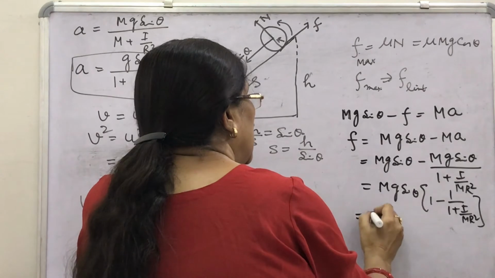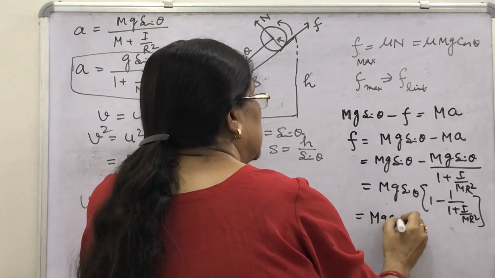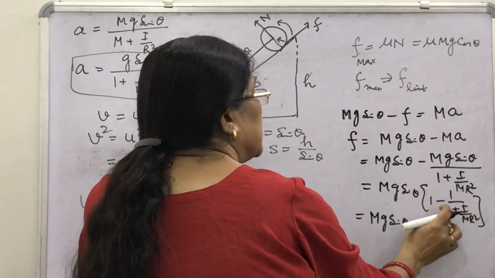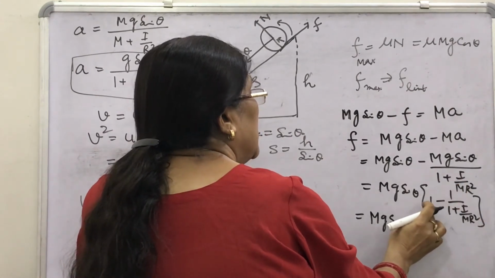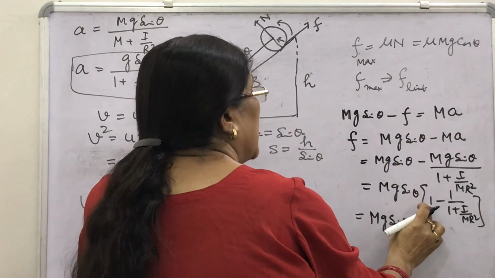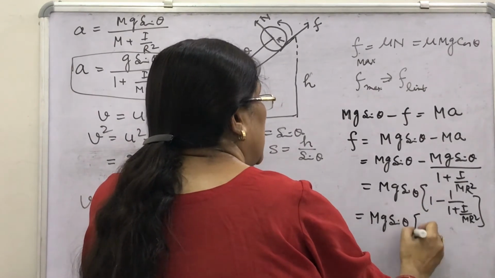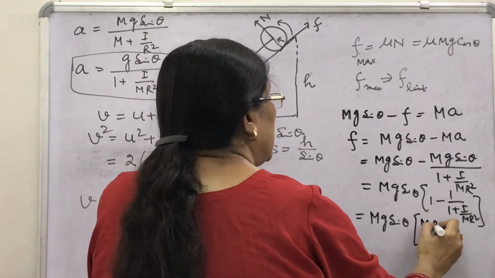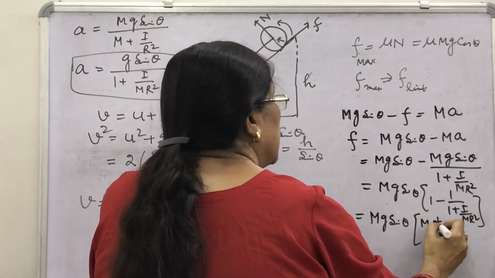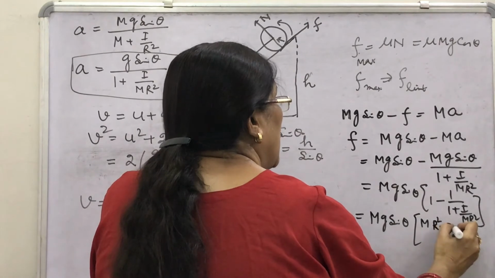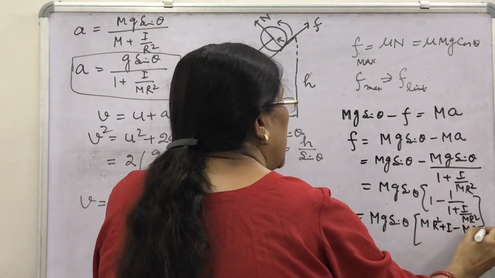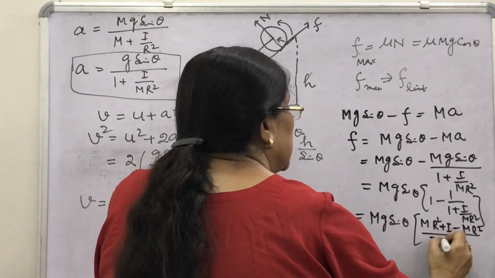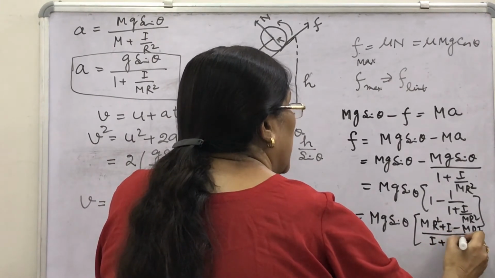What will you get here? This mg sin theta, this mr square will go up, and you will get mr square plus I in the denominator, and in the numerator mr square plus I minus mr square upon I plus mr square.